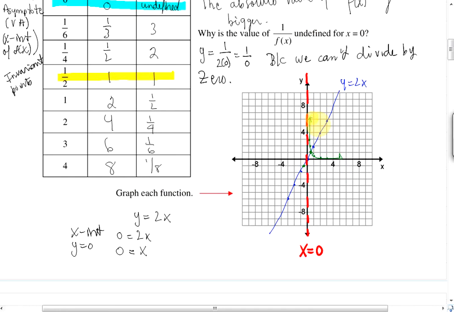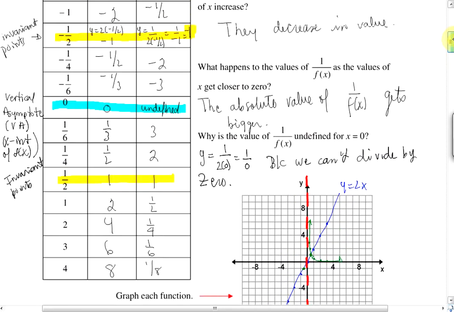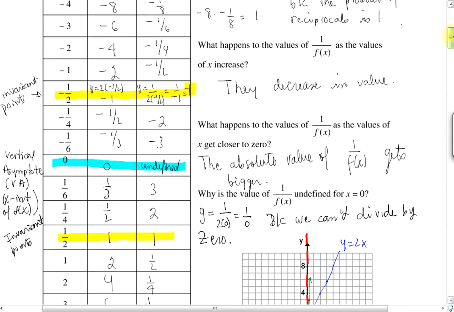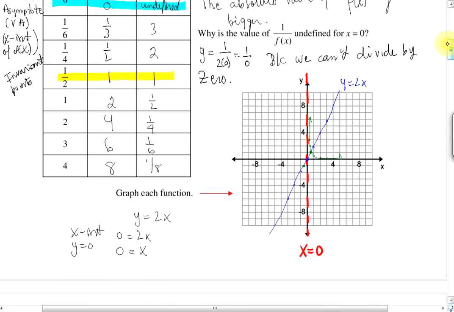Now when we go to the negative part of our table, we're going to start at -4 and -1/8. So -4 and -1/8, then -3 and -1/6, -2 and -1/4, and -1 and -1/2, and here's our invariant point.